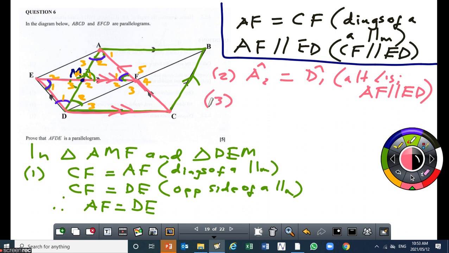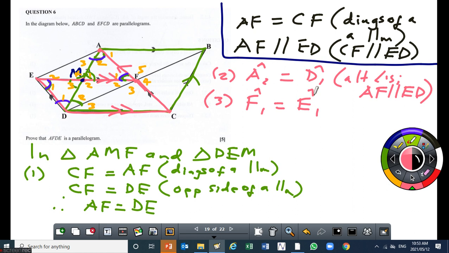Then number 3, F1 is going to be equal to E1. This is also important. I'm sure you can see that the way that I'm writing my angles, those that belong to the same triangle are on the same side.